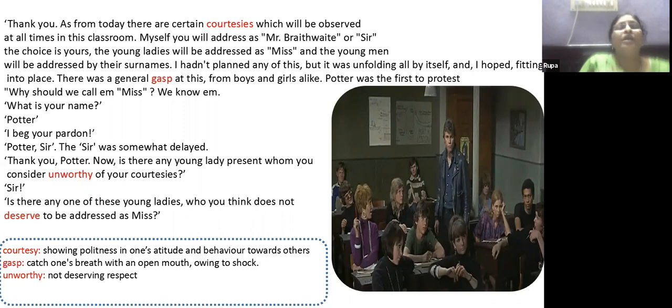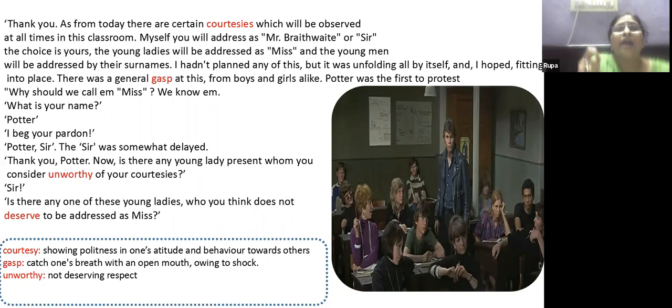So he left the choice to the students. He told them, children, you can call me Sir or you can call me Mr. Braithwaite. And when it comes to the young ladies, he is being very particular. You must address them as Miss, and the young men should be addressed by their surnames. What is the surname, children?